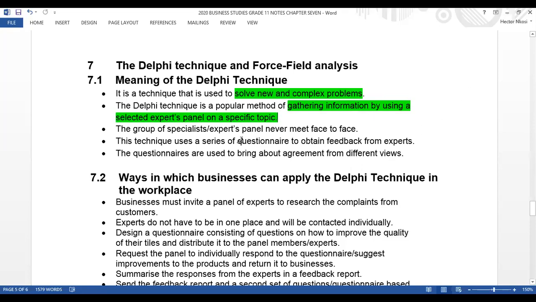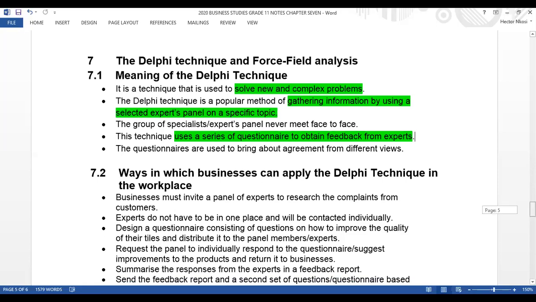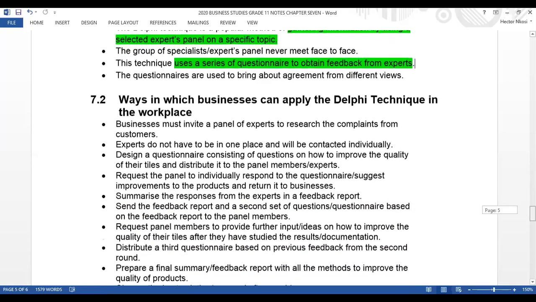They use a series of questionnaires, right, to obtain feedback from experts. The questionnaires are used to bring about agreement from different views. Now, grade 11s.